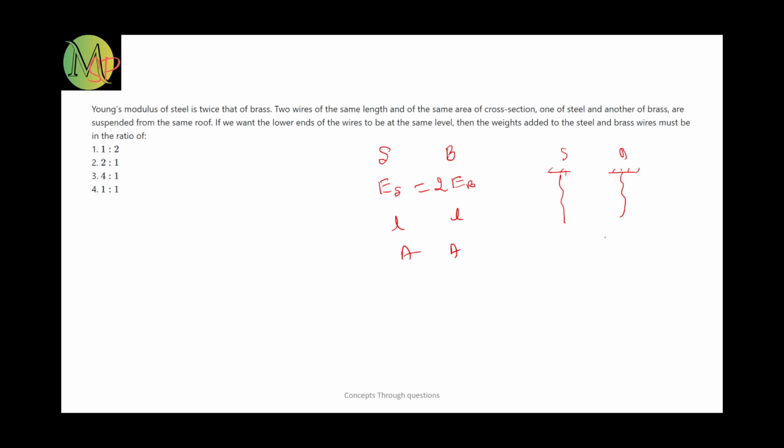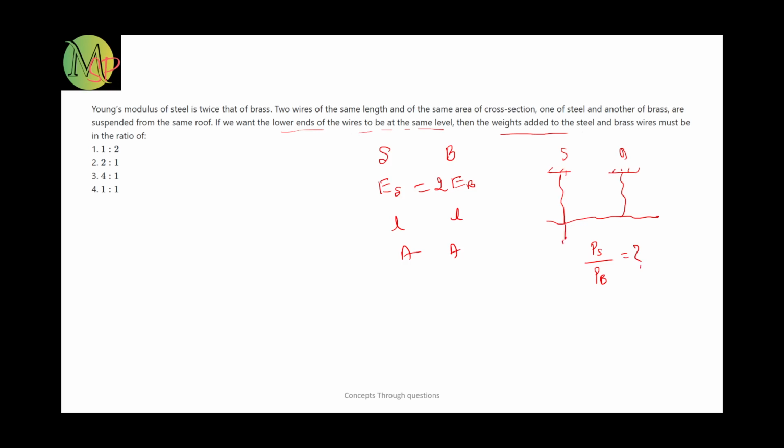If the level is the same, it means the change in length of the wire is the same. So just you can equate the change in length of the wire for steel and brass, and we are going to get the answer. Weight added means force applied.